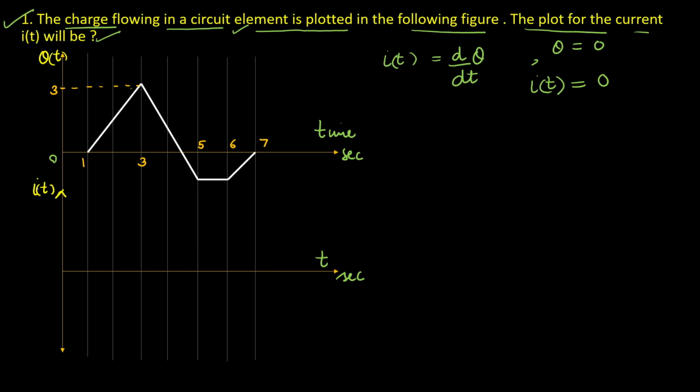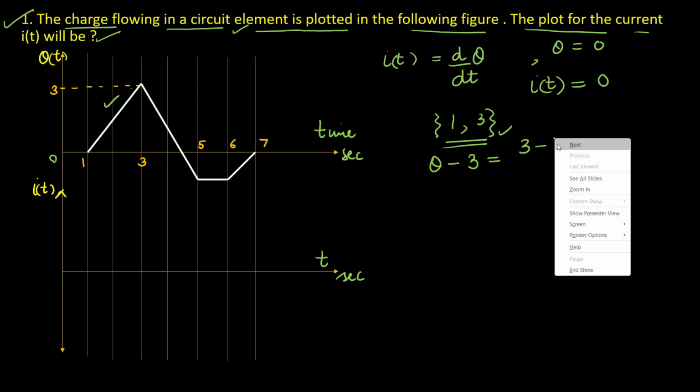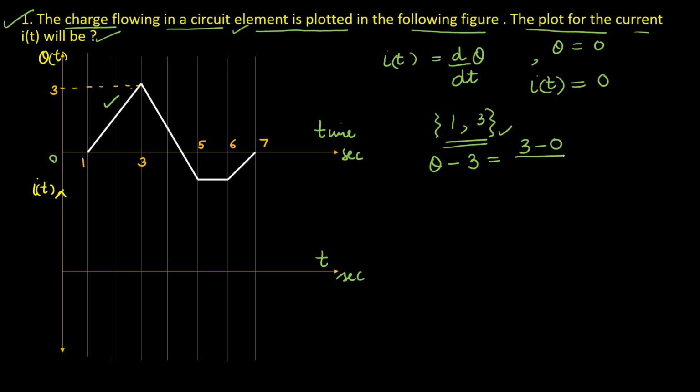For the interval from 1 to 3, the waveform of the charge with respect to time is a straight line. So the equation of the straight line will be q minus 3 is equal to the slope of this line, (3 minus 0) upon (3 minus 1), times (t minus 3).